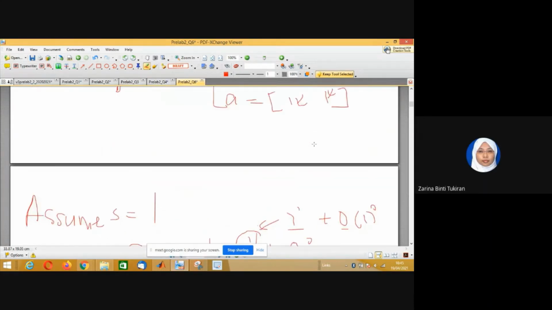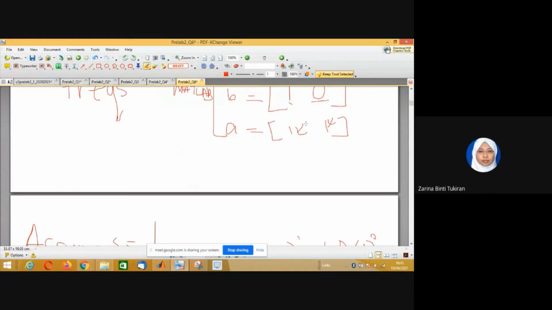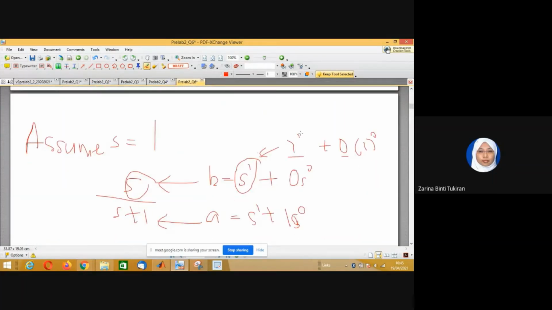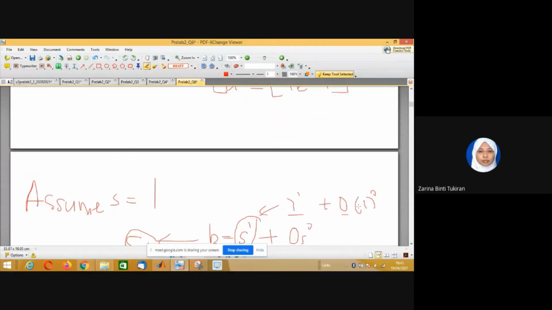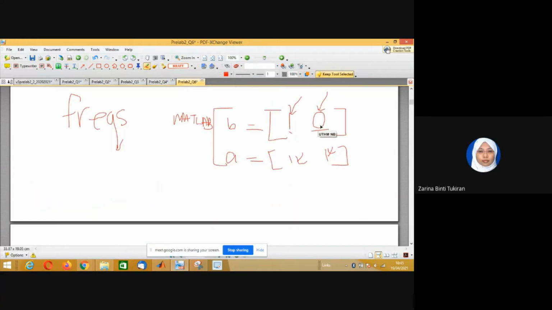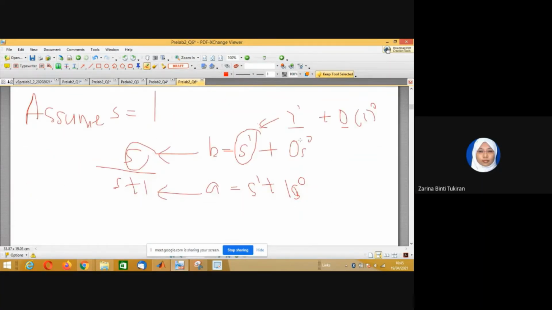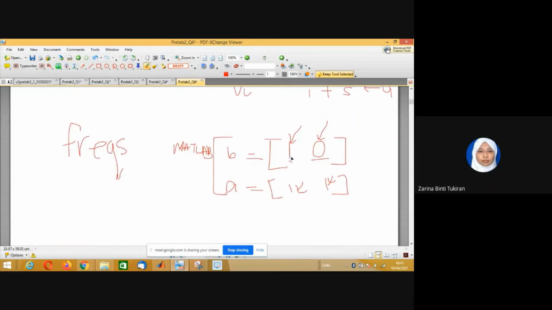That's why you get it here, 1 and 0. 1 power of 1 is 1. 0 times 1 power of 0 is 0. That's why we get B is 1, 0.